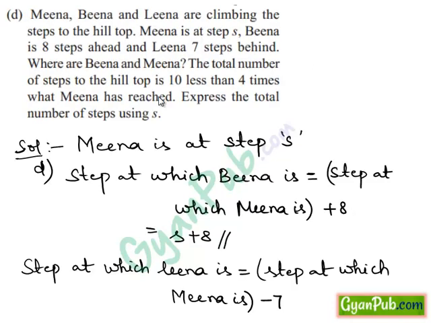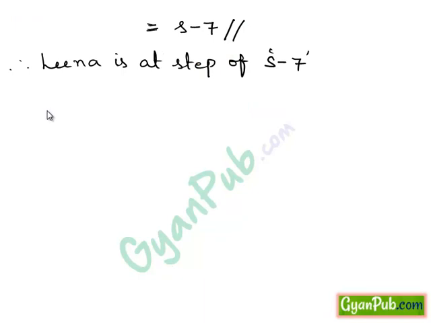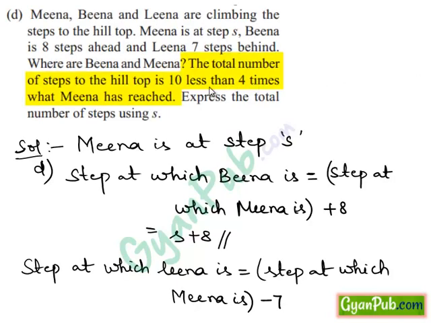And in the question they had also asked us to find the total number of steps to the hilltop. They had given that the total number of steps to the hilltop is 10 less than 4 times what Meena has reached.